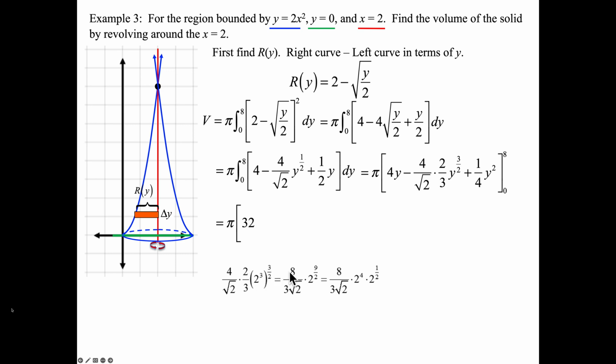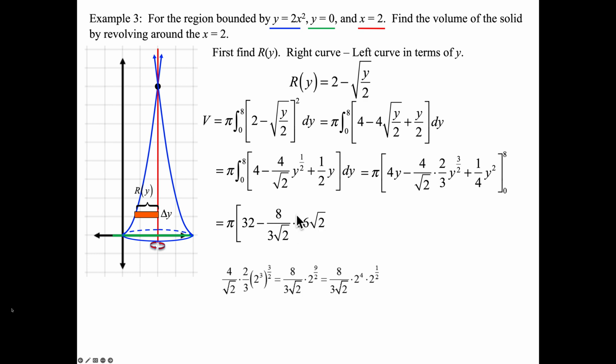So power to a power makes that 2 to the 9/2. The product rule says we can write this as 2 to the 4th times 2 to the 1/2, because then I add my powers and I get 9/2 or 4.5. Well, 2 to the 4th, we can simplify and multiply it to the 8. But the nice thing about this 2 to the 1/2 is the square root of 2. And that's going to cancel with this square root of 2.